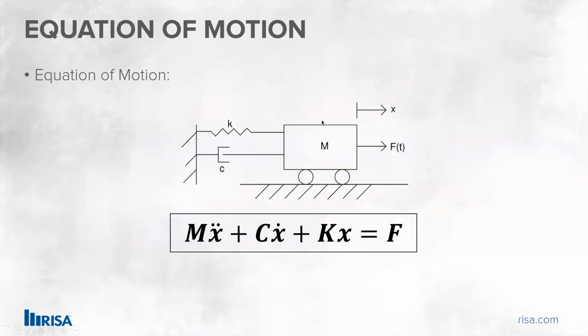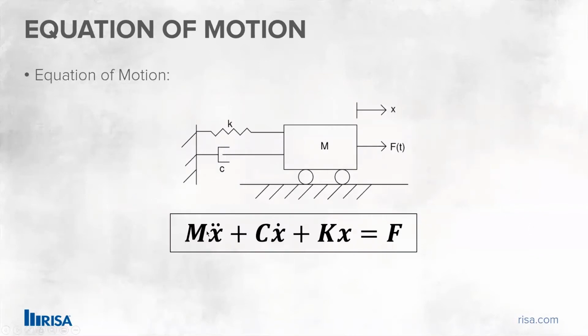Now for equations of motion, most of you may be more familiar with this photo. This one is very popular in most of the dynamic books. We have a mass here and a spring attached to it, and we have a damper. And we have an excitation here, F(t), and the equation of motion is described in this equation. On the left-hand side, we have m times x double dot, which stands for the acceleration.